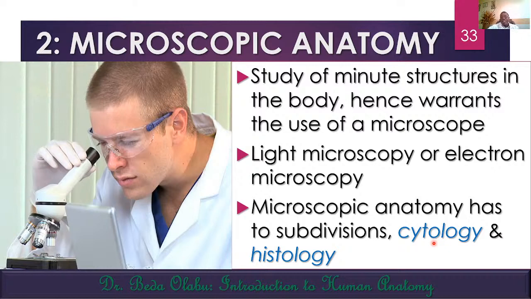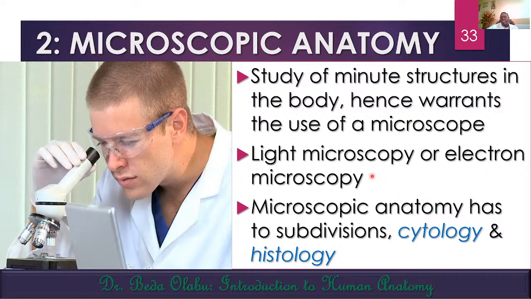Cytology is the study of cells. And when we study cells, we go into greater details of the cell biology. The best microscope that helps us to study cells is actually the electron microscope.